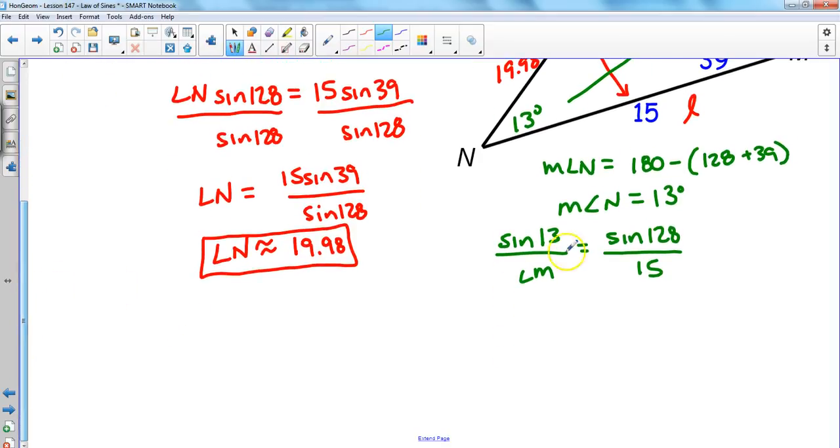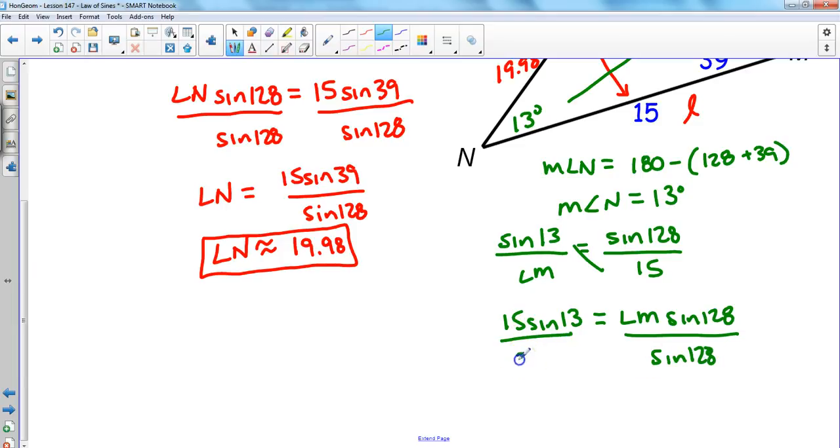And I go through and solve just like we did last time. So I end up with 15 times the sine of 13 degrees equals Lm times the sine of 128. Divide by the sine of 128. A little bit of calculator work, and I get Lm is equal to about 4.28.